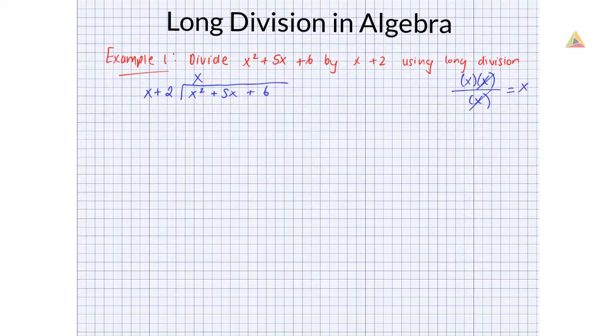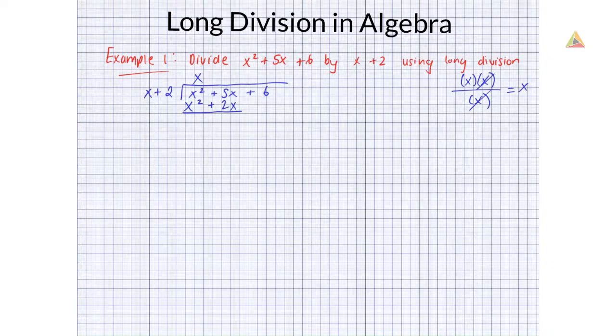What we need to do next is multiply x by x and then 2 by x. So x by x gives you x squared, so I'm going to put it down here. And 2 by x gives you 2x. Now, the rule here is we need to change the sign.